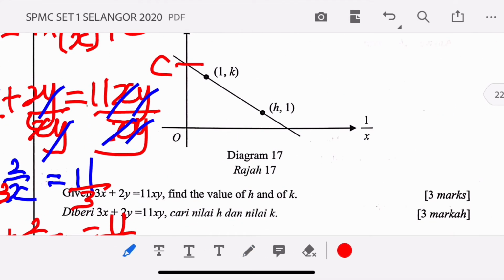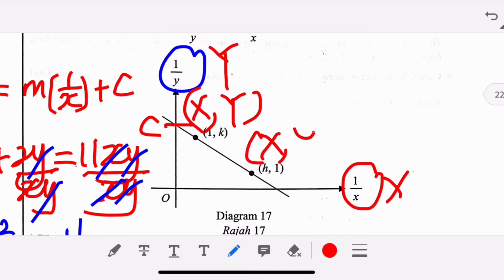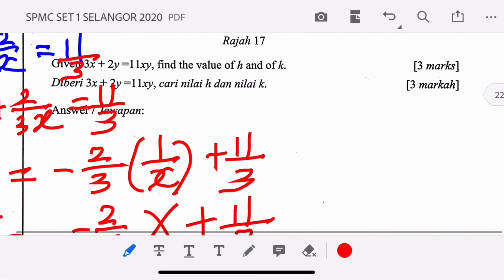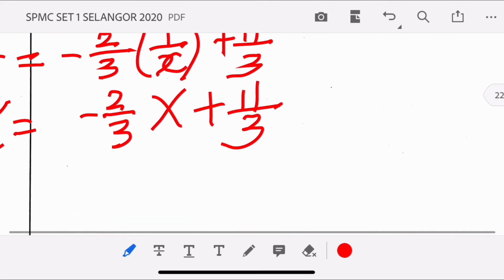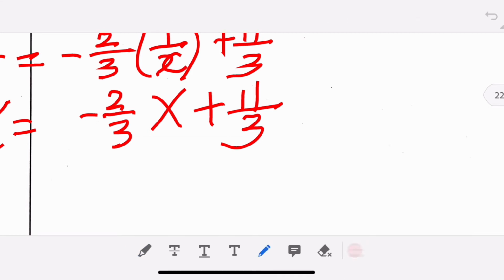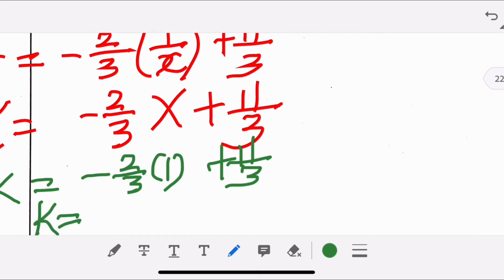In short, this is your big X and big Y, the point there. So I'm going to substitute the first pair, 1 and k. It means that the big Y is k, the big X is 1, plus 11 over 3. So I have k which is equivalent to 9.